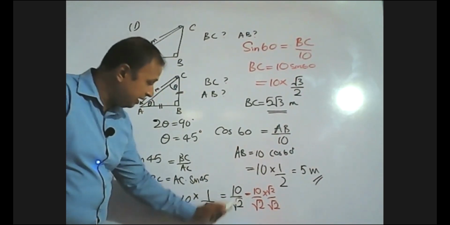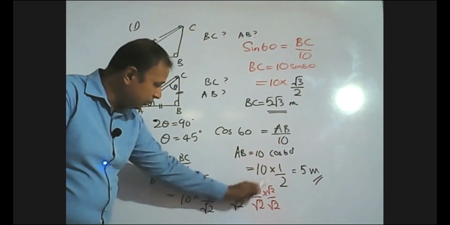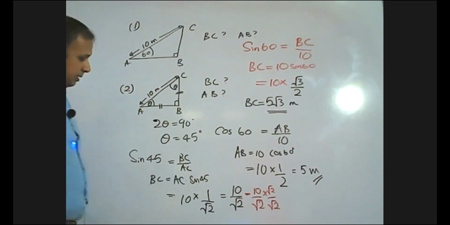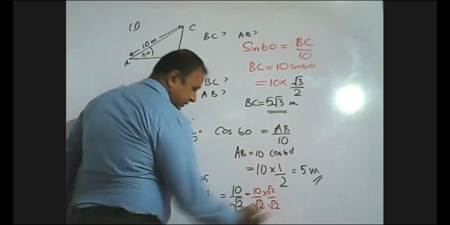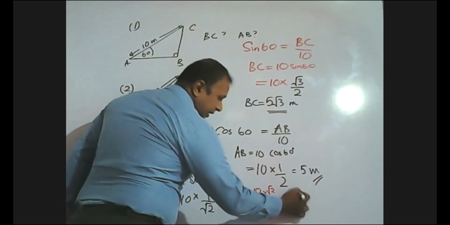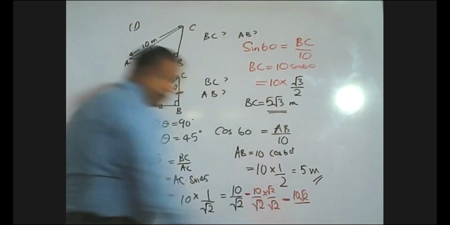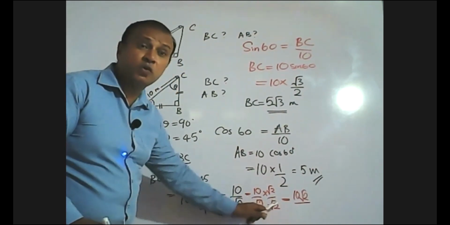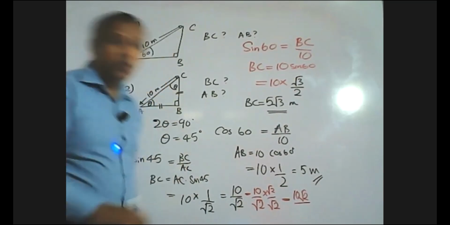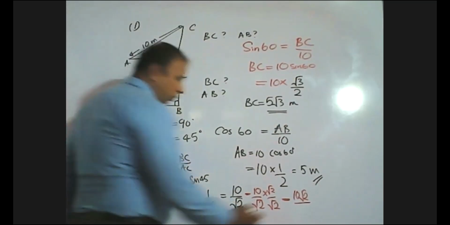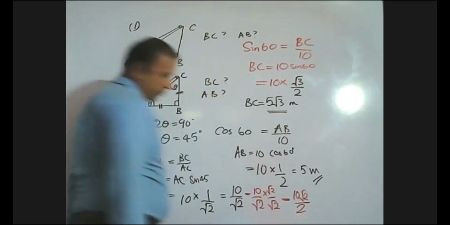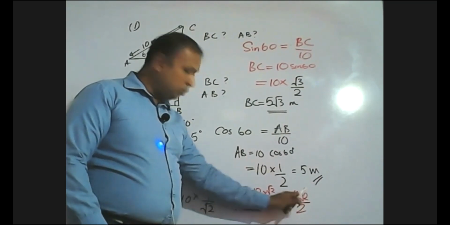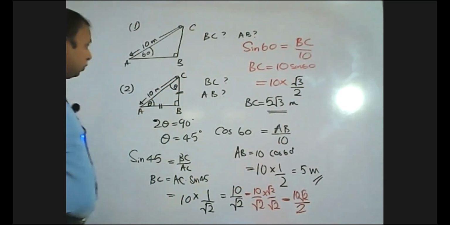So 10 times root 2 over root 2 into root 2. Root 2 into root 2 is equal to 2. Then 10 over 2 times root 2.